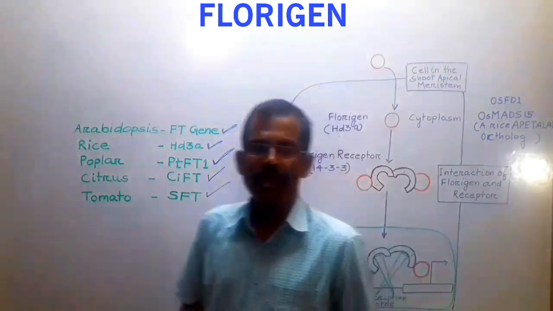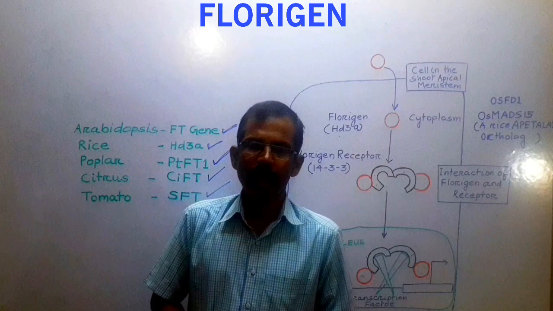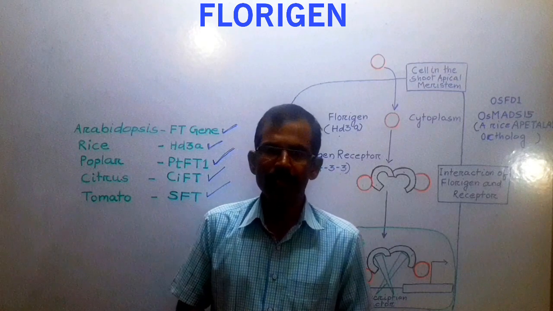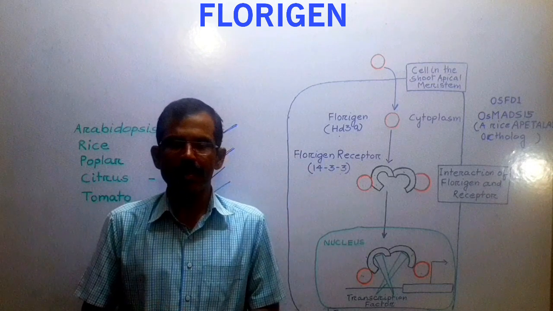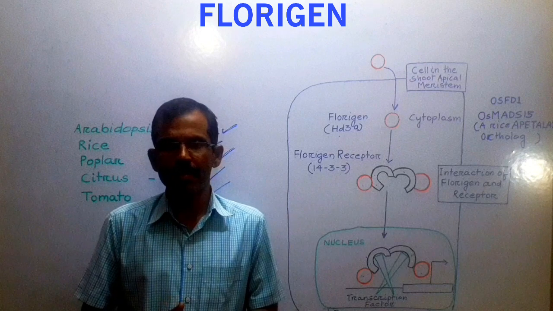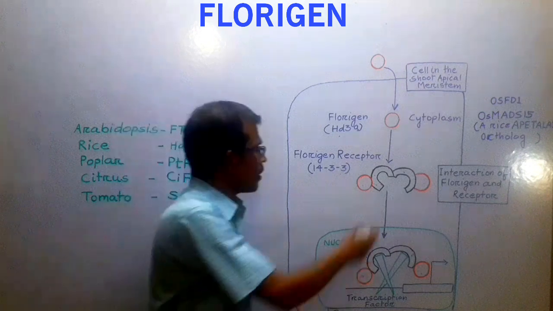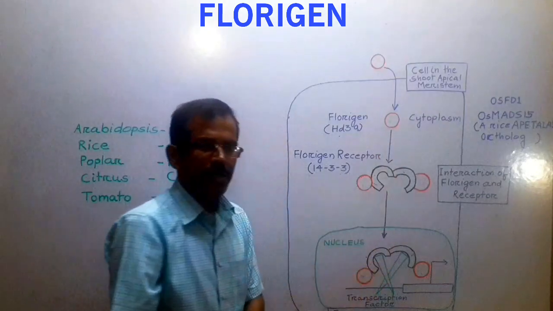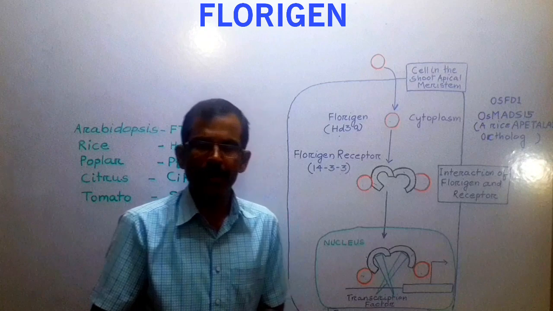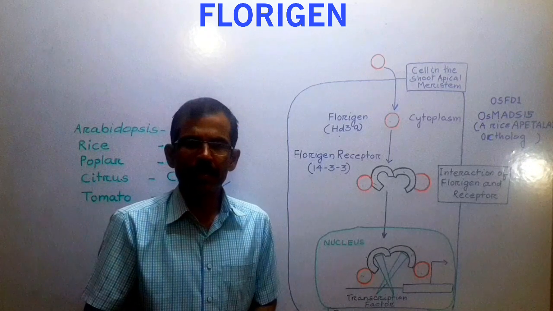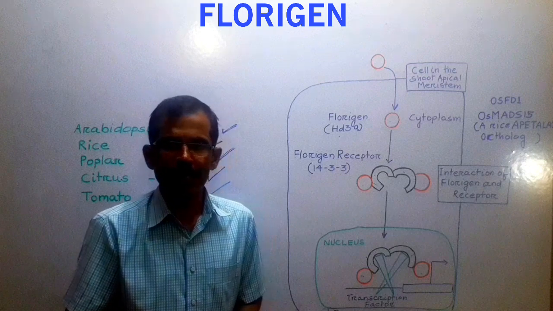As already described, Florigen is a globular protein. After synthesis in leaf phloem, Florigen is then translocated to the shoot apical meristem where it initiates flowering. This figure shows various interactions in the cells of shoot apical meristem that result in the formation of Florigen activation complex.